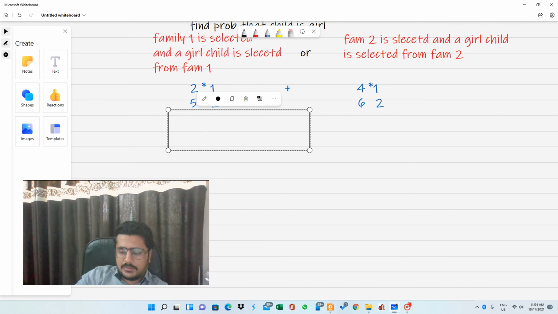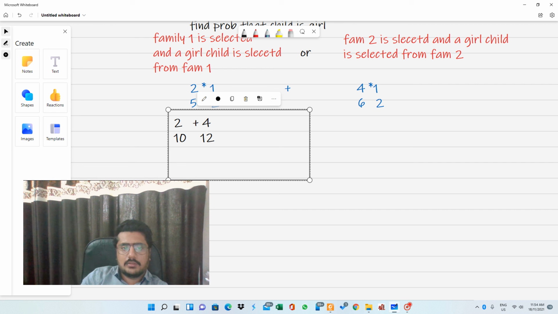It's 2 by 10, or it's 4 by 12. So if you apply the cross multiplication, it's 24 plus 40 divided by 120, which is 64 upon 120.